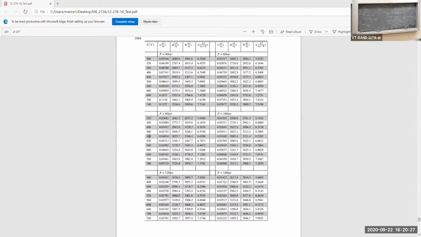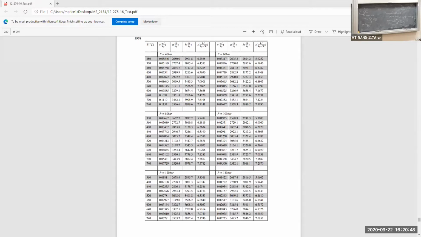I have 440 and 480. So you have to do some interpolation here. It's going to be somewhere around 0.03 cubic meters per kilogram. Okay, do a little bit of interpolation here.